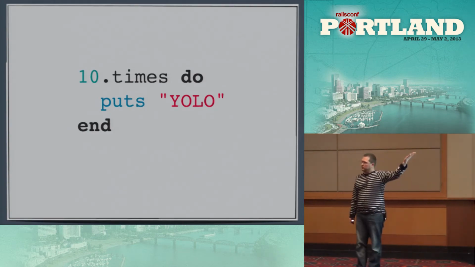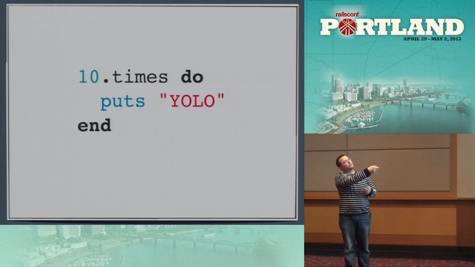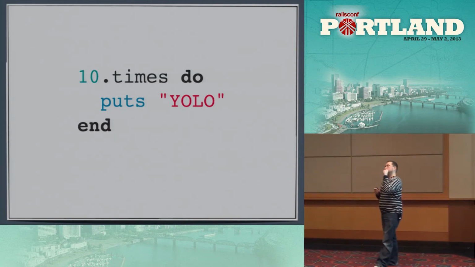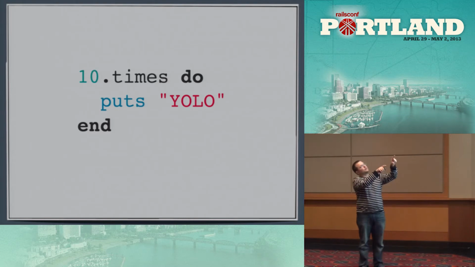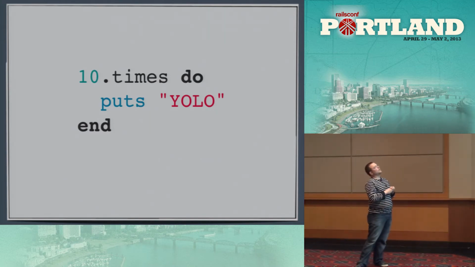So this is a block. The actual part about what a block is: between the do and the end, you've got a bunch of code. That code represents a block. It's like a closure, where it is just some code that I'm going to send in and run at other times. And this will work, right? If you open up IRB and run this, you'll get YOLO 10 times, which is awesome, right?